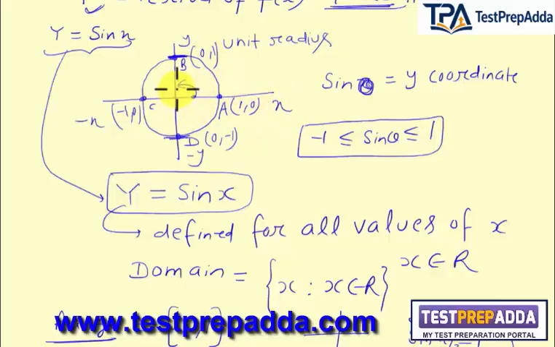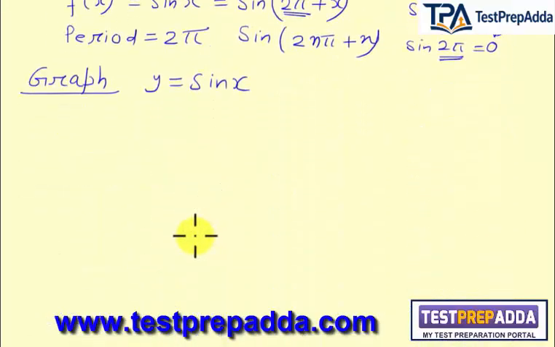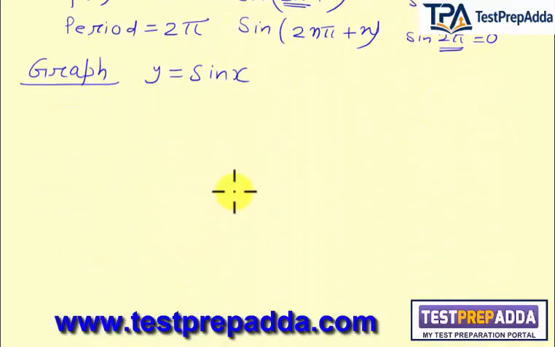Then from pi by 2 to pi, the value goes from 1 to 0, which means it decreases. Now from pi to 3 pi by 2, it goes from 0 to minus 1, further decreasing. And then from 3 pi by 2 to 2 pi, it increases from minus 1 to 0. And this will help us in getting the graph.